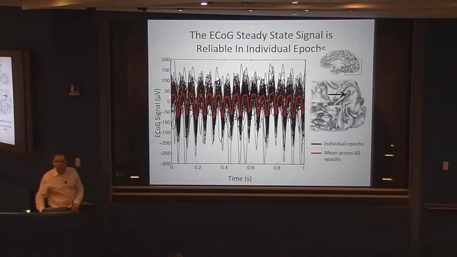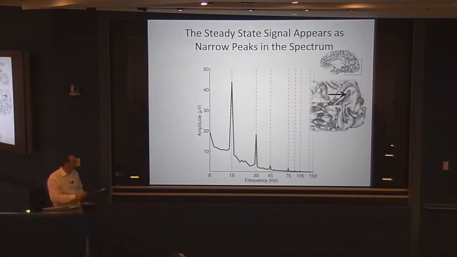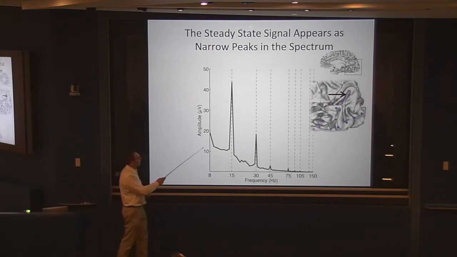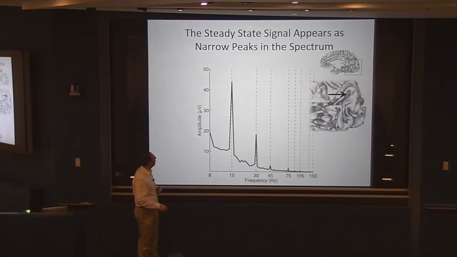And you can see it more clearly if you transform the signals into the spectral domain. In particular, we see the average spectrum. So we take each second of data, we compute the Fourier transform, we take the amplitude spectrum, and we average the amplitudes.